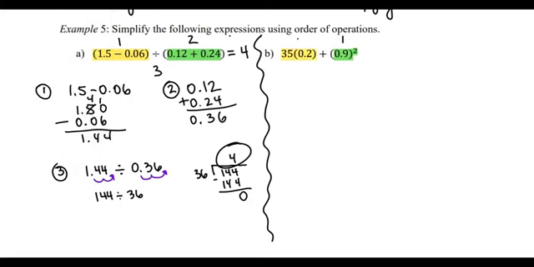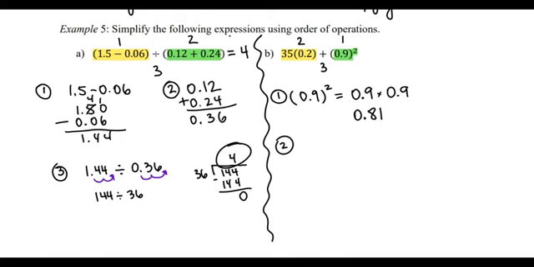And then I'm going to add. All right, so step number 1. 0.9 squared. The number squared means the number multiplied by itself that many times, twice. 0.9 times 0.9. So that's going to give me 0.81. So that's the answer to step 1.